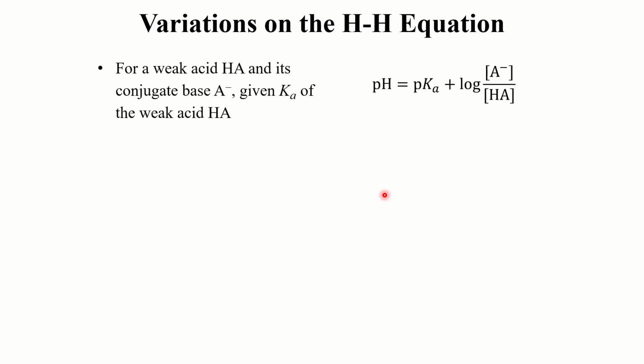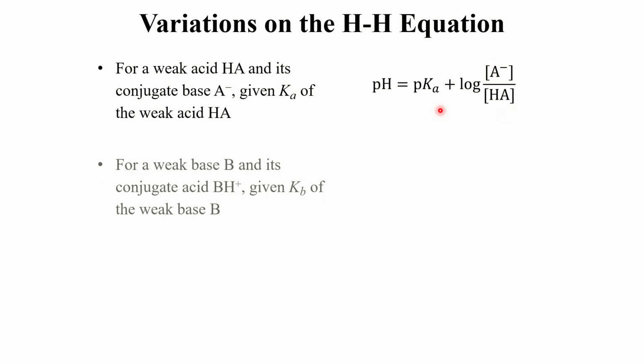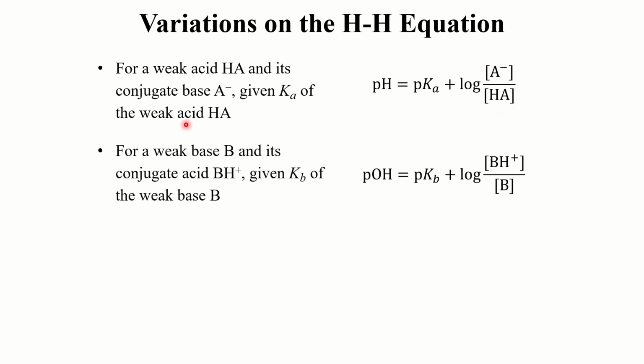All right, now there's a couple variations on the HH equation you may see. The one you're going to work with the majority of the time is the one we just established: pH equals pKa plus log of base over acid. But you may also see one for a weak base and its conjugate acid, BH plus, given Kb of the weak base.